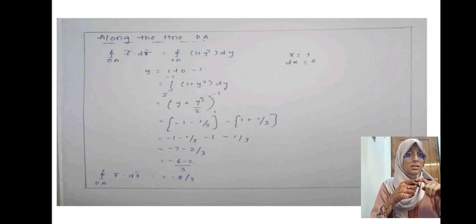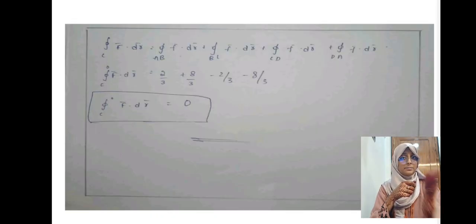That gives minus 1 minus 1 by 3 minus 1 minus 1 by 3, so minus 1 minus 1 becomes minus 2, minus 2 minus 2 by 3, which is minus 6 minus 2 by 3. It becomes minus 8 by 3. Therefore, integral DA of f bar into dr bar is equal to minus 8 by 3.